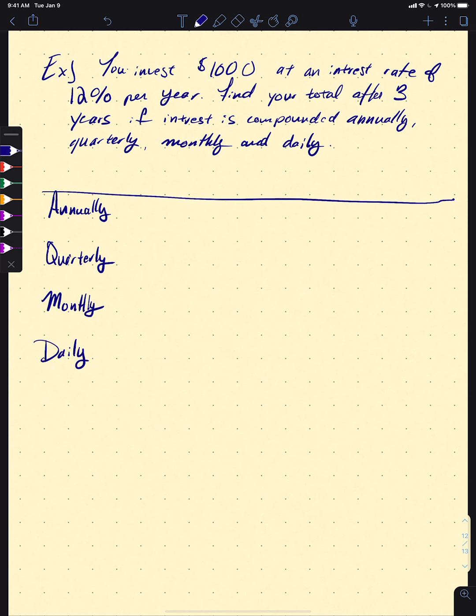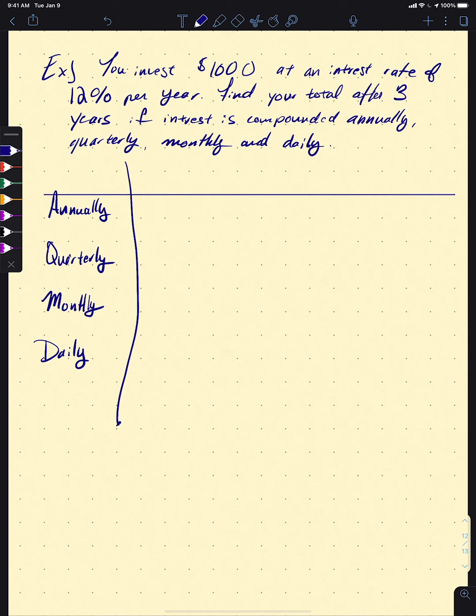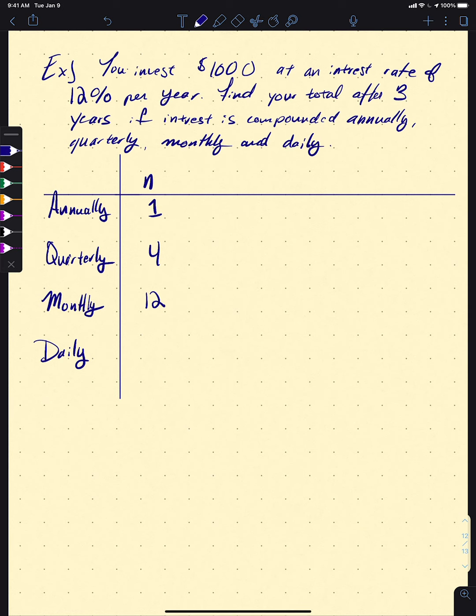And if you recall in our formula, there was this n, the number of times compounded per year. So let's fill it out for these. If we compound annually, we compound once per year. Quarterly is compounding 4 times per year. Monthly would be compounding 12 times per year, and daily 365. Okay, so now let's plug this into our formula.